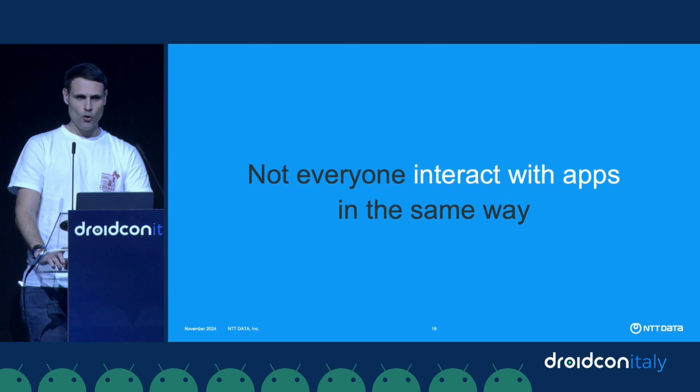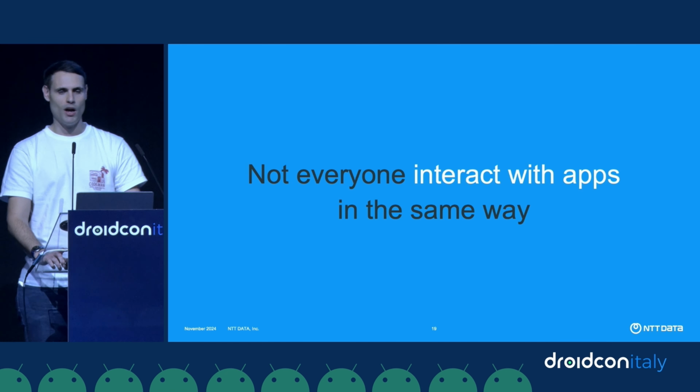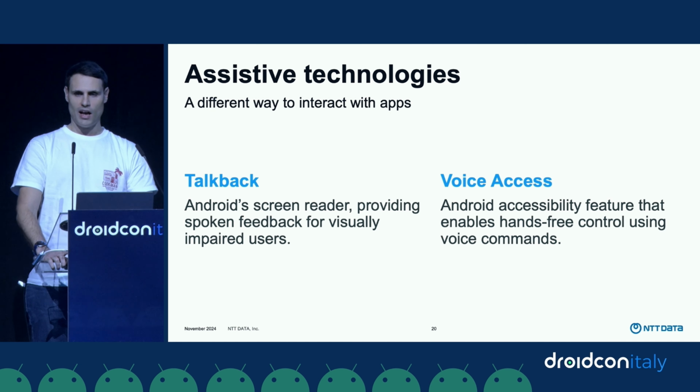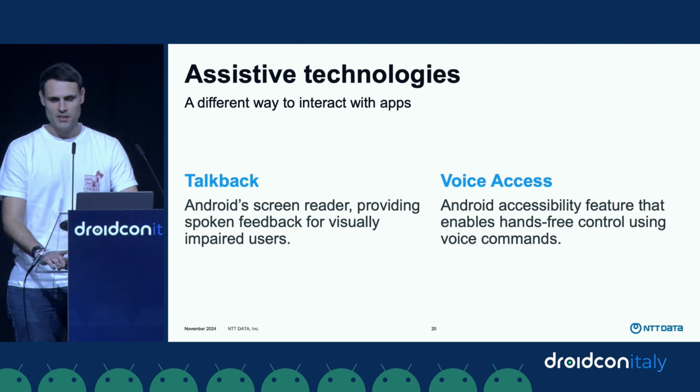But if you paid attention to the talk before, you know that not everyone interacts with the app in the same way, because we cannot rely only on visual information. People can use external devices like a keyboard or assistive technologies.